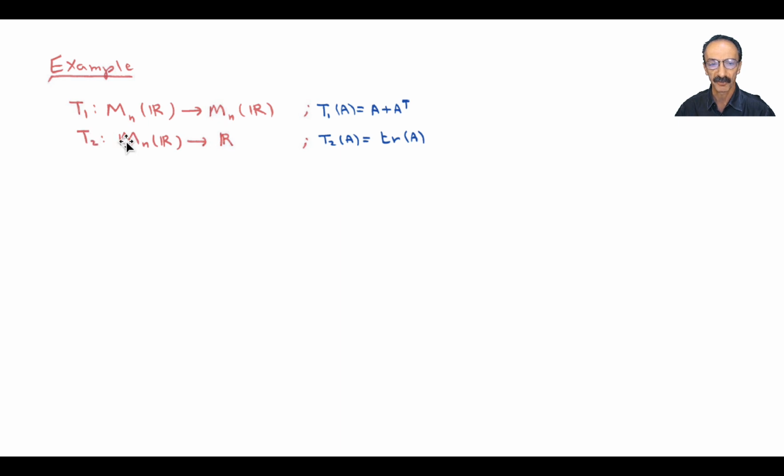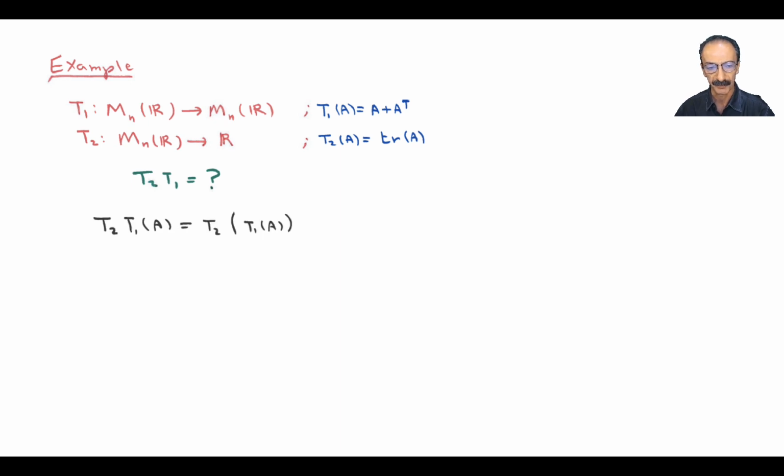T2 takes you from M_mn(R) to the set of real numbers by taking the trace of A, which is the sum of the elements in the main diagonal. So we're going to apply and define what T2 T1 is. T2 T1 is mainly what we're trying to write step by step.